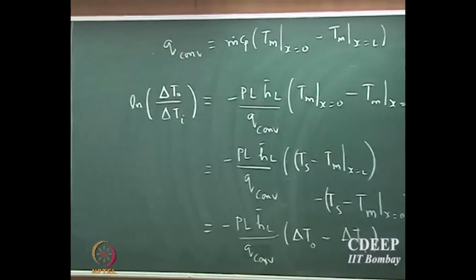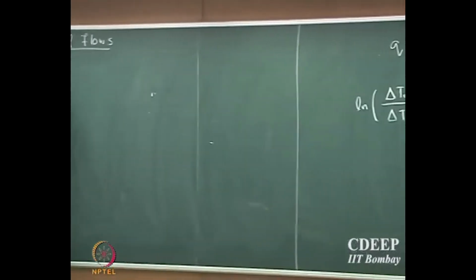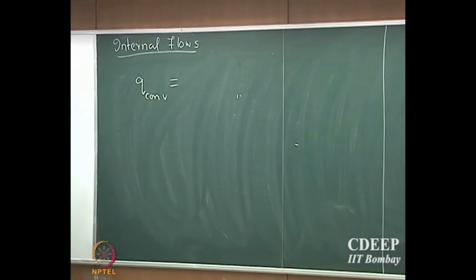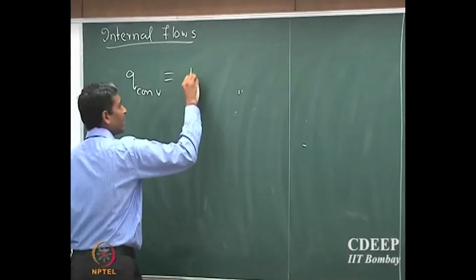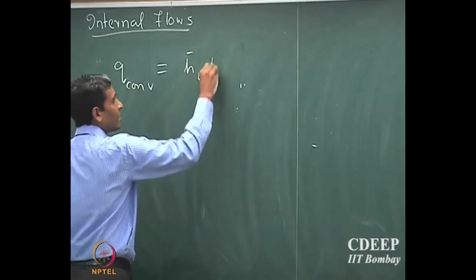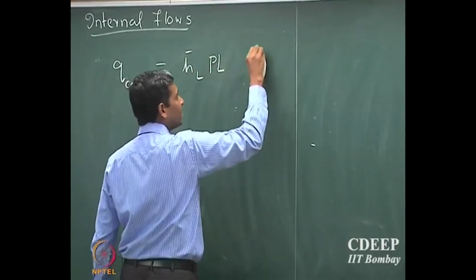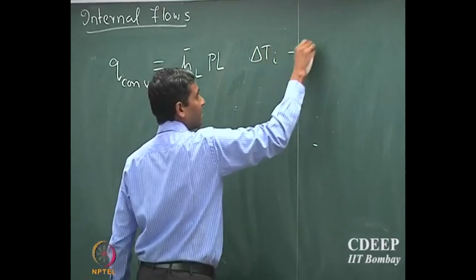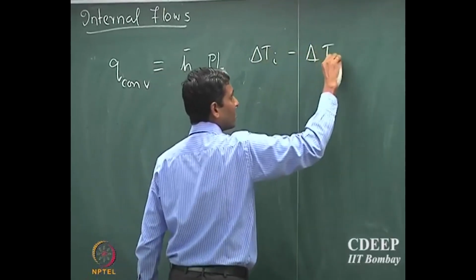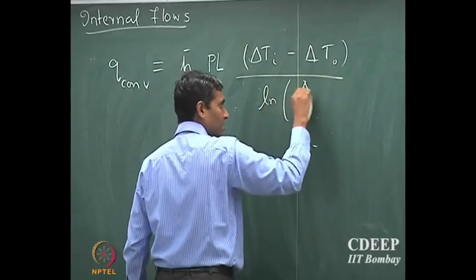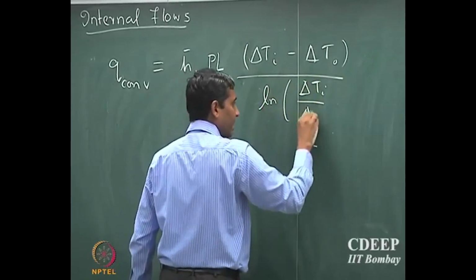Okay. So, from here I can rewrite, estimate what is the net amount of heat that is transferred. So, that is given by H bar L P into L, delta Ti minus delta To, divided by ln delta Ti by delta To.